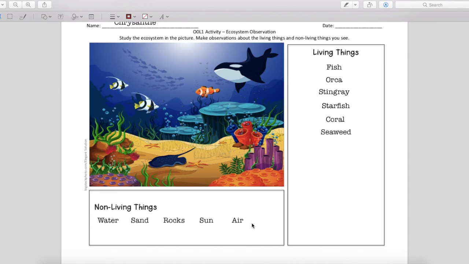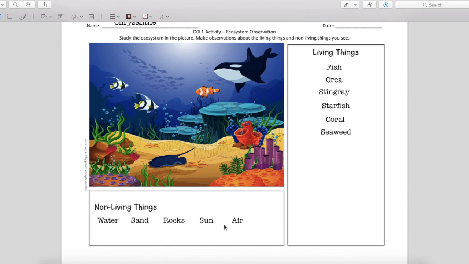Now, some of the living things also interact with each other. So this orca might get a little hungry and might eat some of these fish. The fish might get hungry and eat some of the plants, or some of the creatures that live on the plants that we can't see. So, as we can see, there are lots of interactions between living and non-living things in an ecosystem.